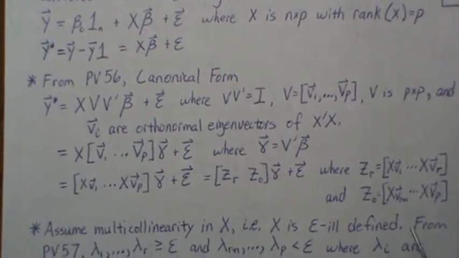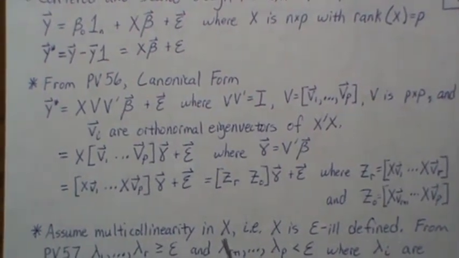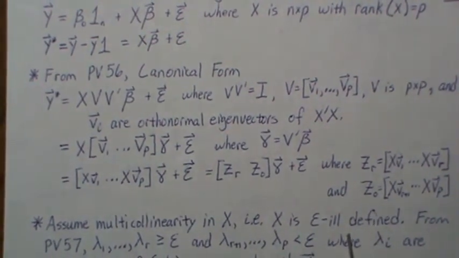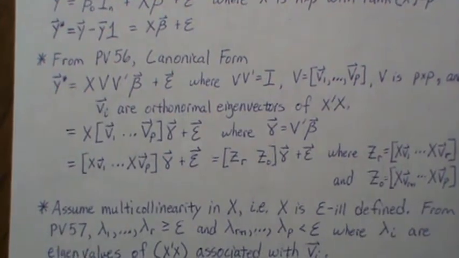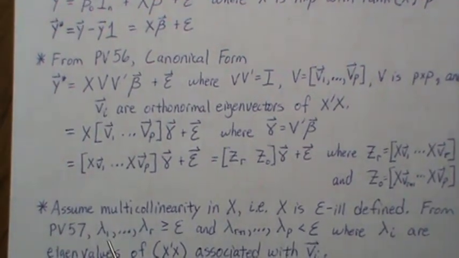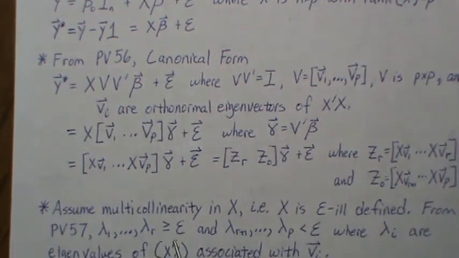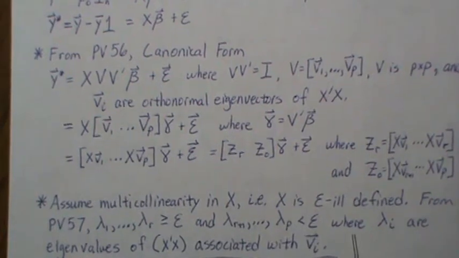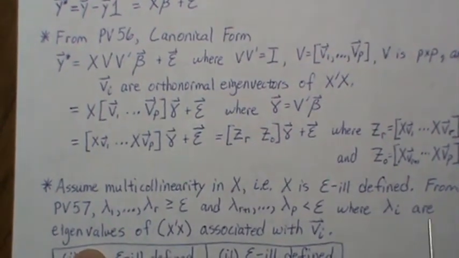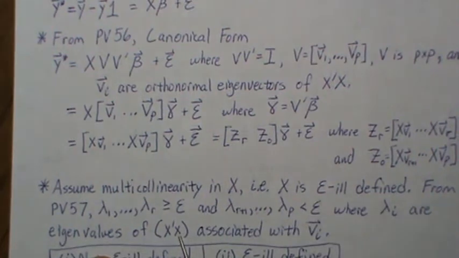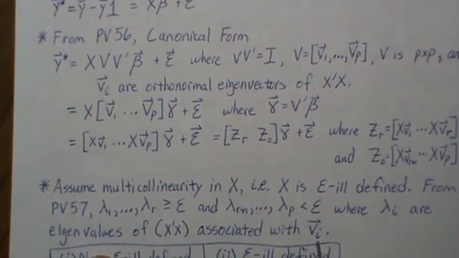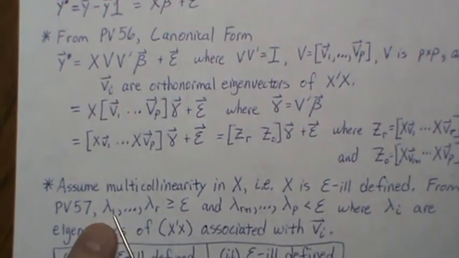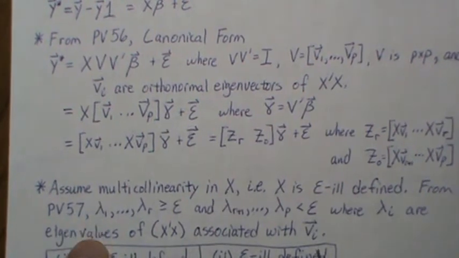Now we're assuming that we have multicollinearity in our design matrix, and that means X is epsilon ill-defined. And from previous video 57, we know that there are eigenvalues, let's say the first r, that are greater than epsilon, and the last p minus r are less than epsilon, and the lambda i are the eigenvalues of X transpose X. They're associated with the eigenvectors, so v1 is associated with lambda 1 and so forth.